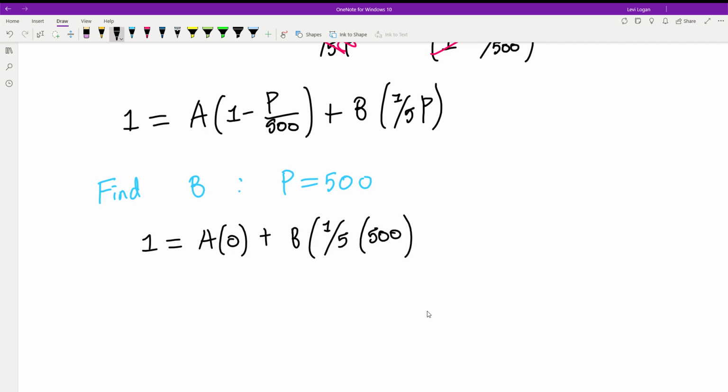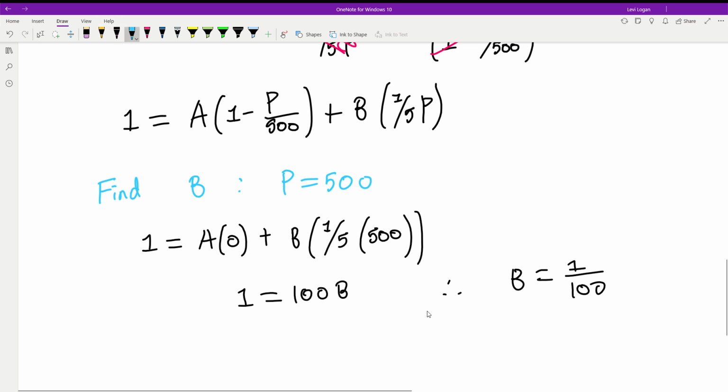Okay? Now, 500 divided by a fifth is 100. Okay? And hopefully you should, oh well, not divided by a fifth, times by a fifth is effectively dividing by 5. So what we have is 1 equals 100B. Therefore, B is 1 over 100. Okay? Now let's do the same thing with A. In order to find A, I want this term to be 0.